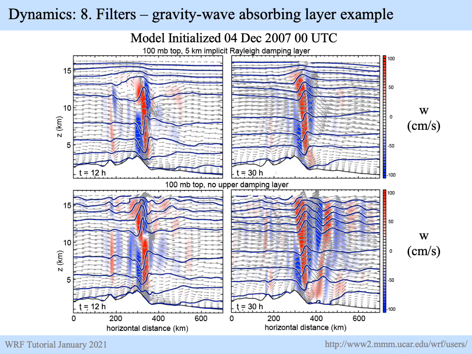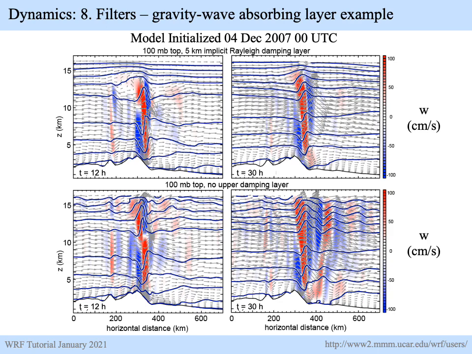So this is on a 5-kilometer mesh, and what we're looking at are two simulations, and the solutions at 12 hours and 30 hours. At the top is with that Rayleigh damping layer on, with those coefficients noted in the last slide, and at the bottom is when there isn't the Rayleigh damping, the gravity wave absorbing layer.